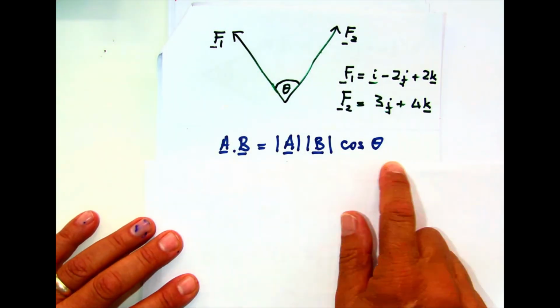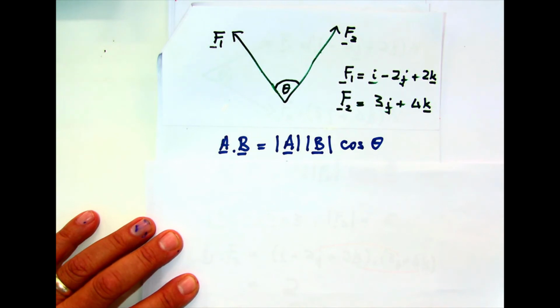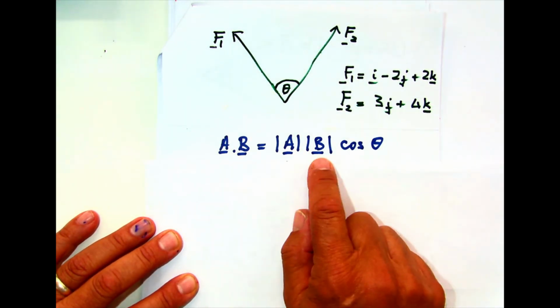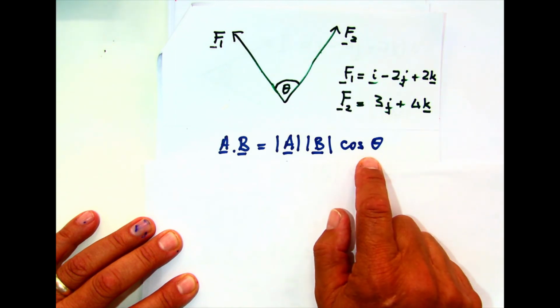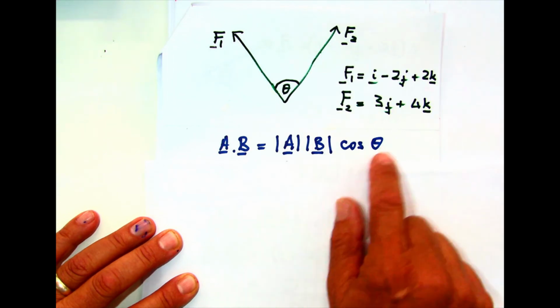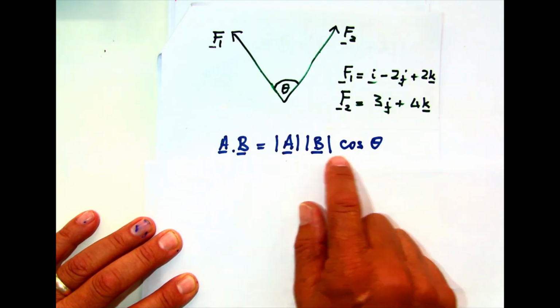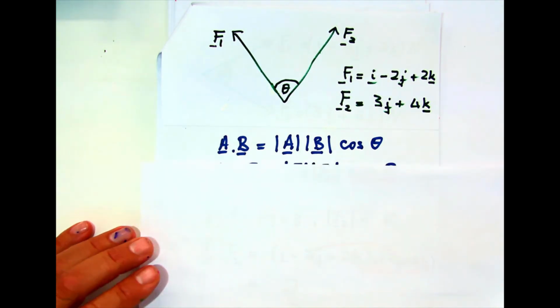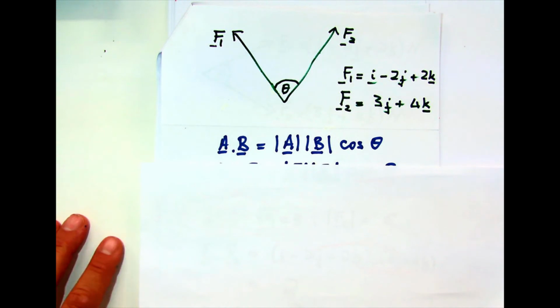Okay, this is the definition of the dot product. Any two vectors, A dot B, is the magnitude of A, the magnitude of B, and the cosine of the angle between the two. The answer here is a scalar. No i, j, and k's here. So that's why they call it a scalar product.